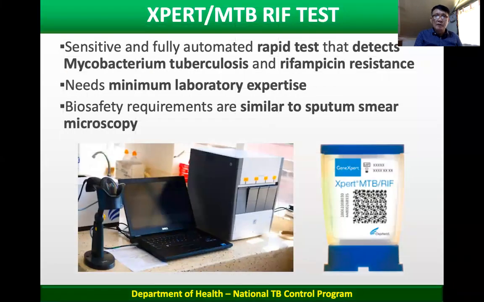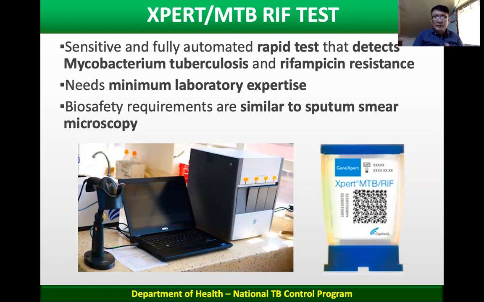Now let's talk about the Xpert MTB-RIF test. This is a sensitive and fully automated rapid test that detects MTB and rifampicin resistance. This is the machine that enables us to detect MTB and rifampicin resistance in less than 2 hours.